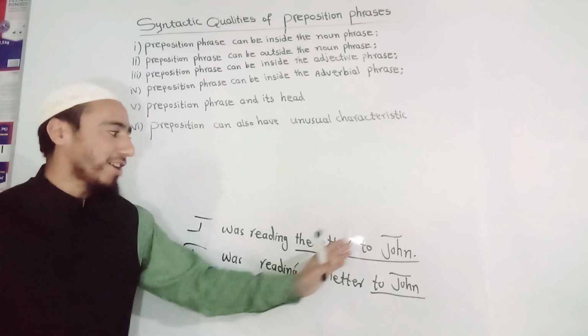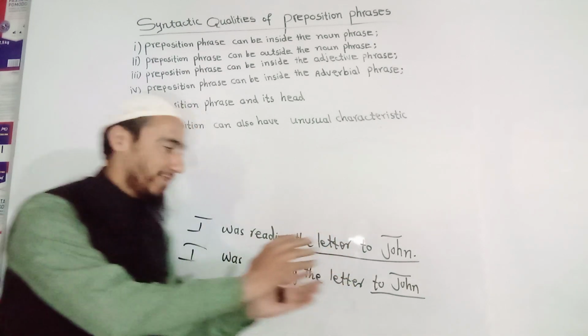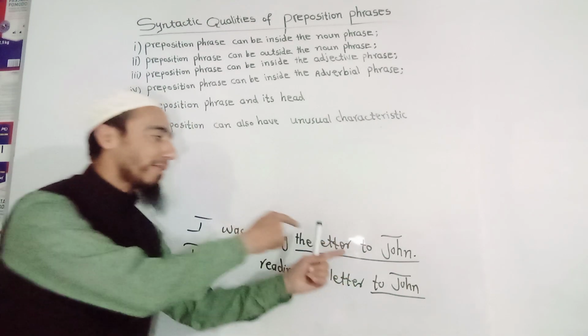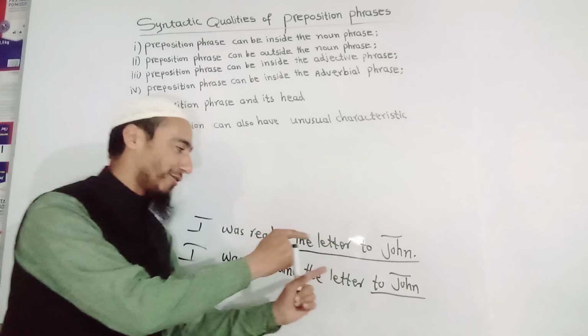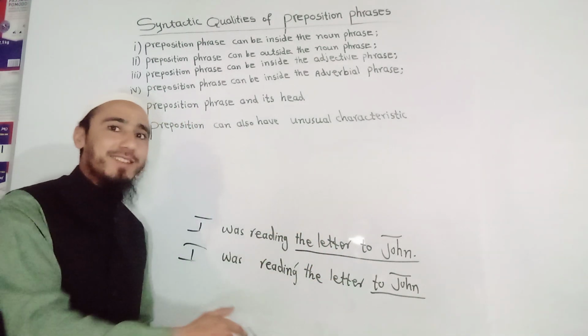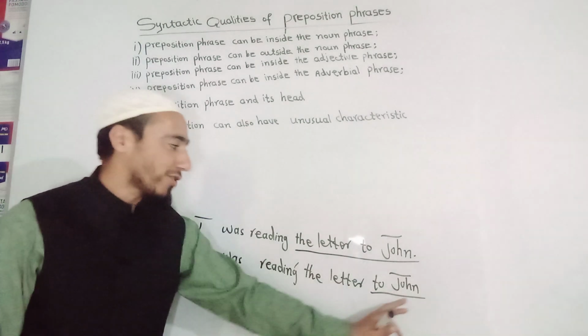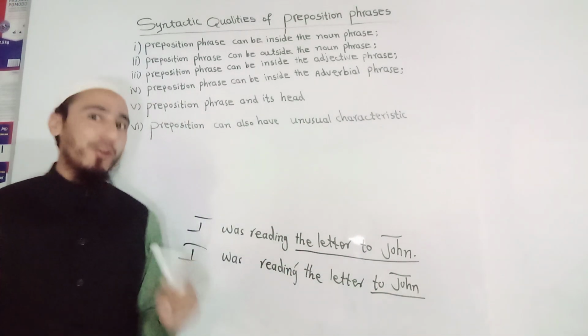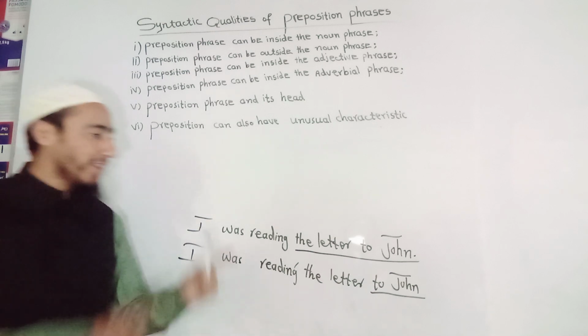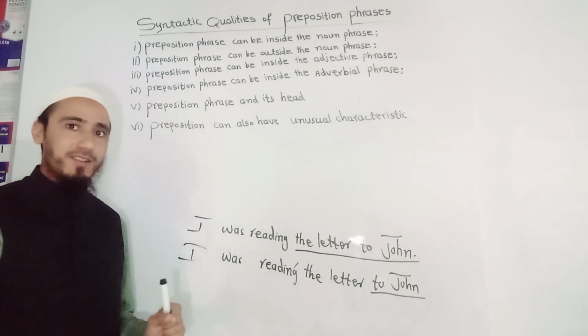So here we are taking it as a whole phrase, a noun phrase, and here the prepositional phrase is inside the noun phrase. But when we are taking it outside the noun phrase, then I just underline the prepositional phrase. Then the structure is also different.